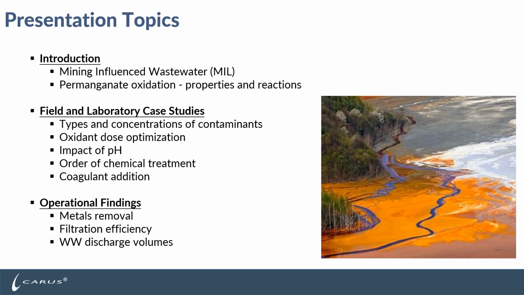This will include the types and concentrations of contaminants, optimization of oxidant dose, the impact of pH, the order of chemical treatment, and the addition of coagulant and flocculant products. Finally, we'll highlight some of the key operational benefits observed for these particular applications.